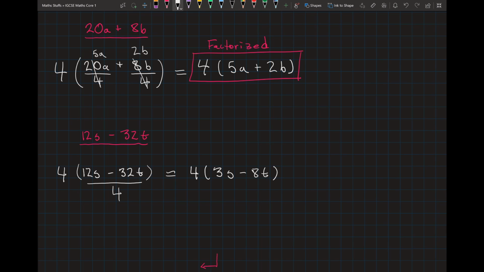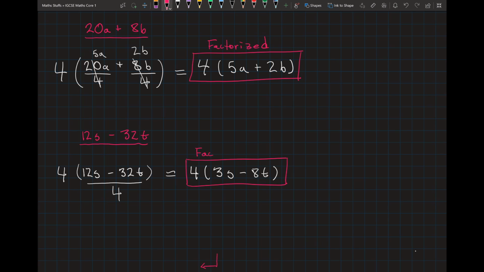If this is too complicated to remember, you're looking for a number that you can pull out from both sides, or a variable. We'll do some examples of that too. So we've got 4 times 3s minus 8t. We can't factorize that any further. So we're finished.